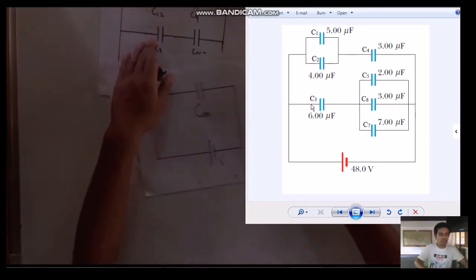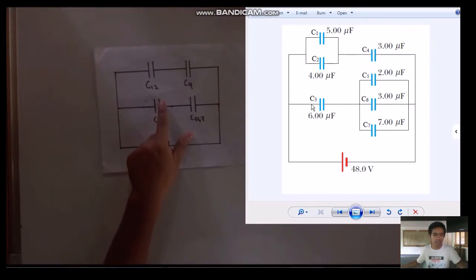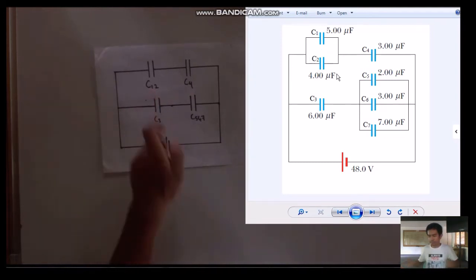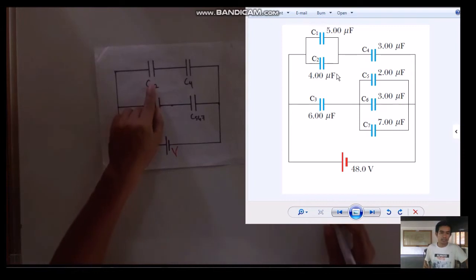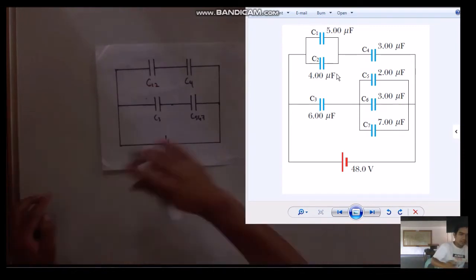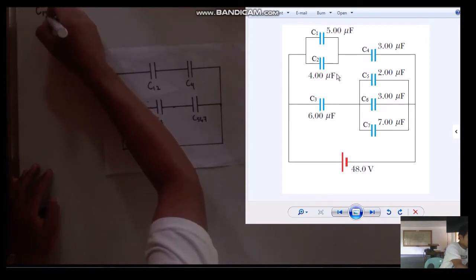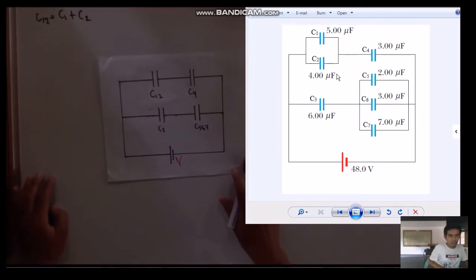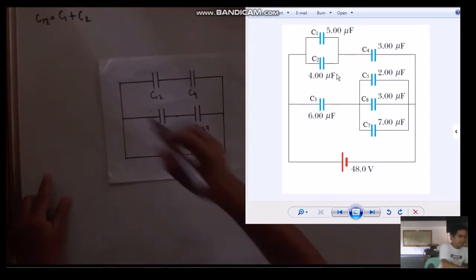So let's go back to the first simplification of the circuit diagram. Since C1 and C2 are connected in parallel, what is the equivalent capacitance of C12? Since they are parallel, C12 equals C1 plus C2.